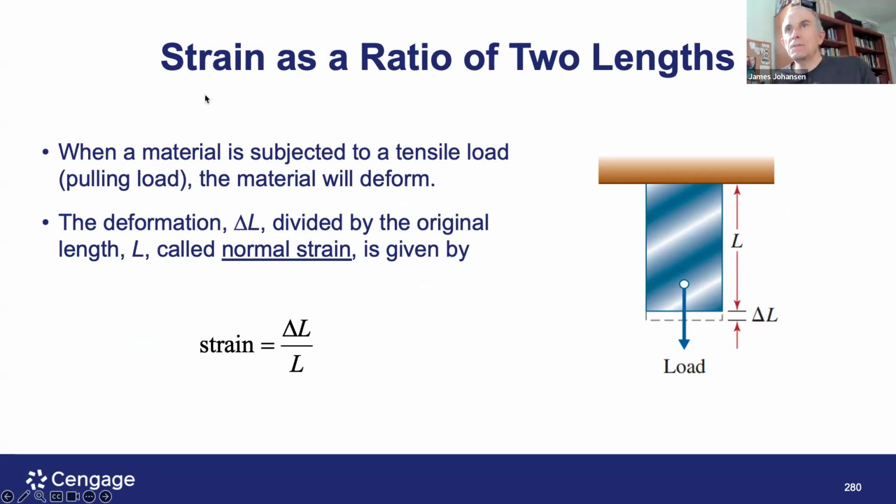If you do it enough, it's actually going to strain, it's going to deform the material, and it will never go back to exactly where it was before. That deformation, delta L divided by the original length, is called the normal strain, and it's given by this equation. I think I've seen sigma as an example of one of the Greek letters that can be used to represent that.